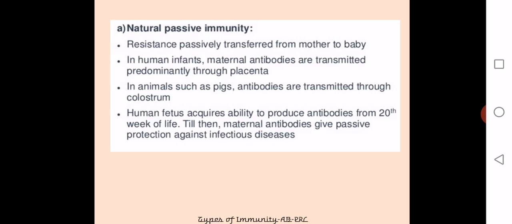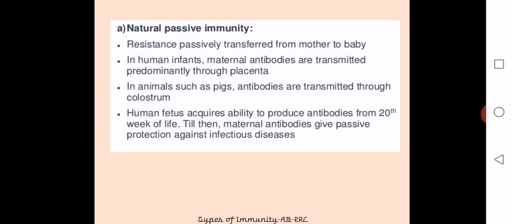and this antibody provides protection for the fetal body. Also there are antibodies like IgA, which are passed through colostrum, the first breast milk. Colostrum has a lot of immunological properties, and one of them is that it contains antibodies, which also provide a kind of immunity.